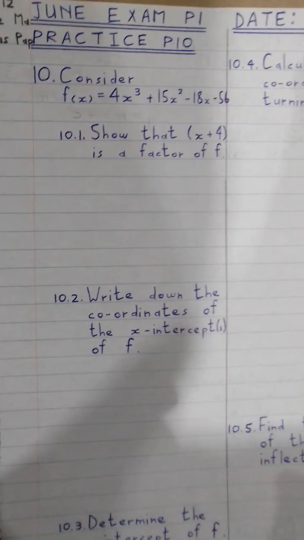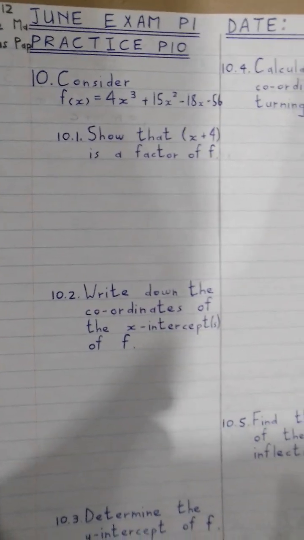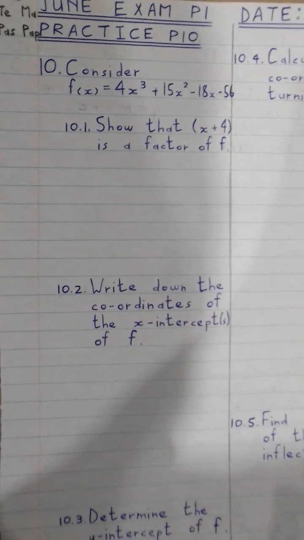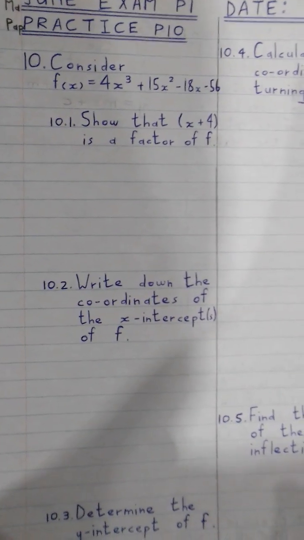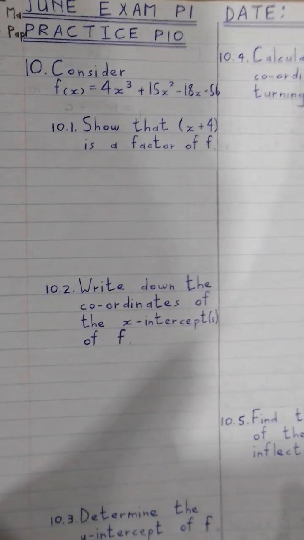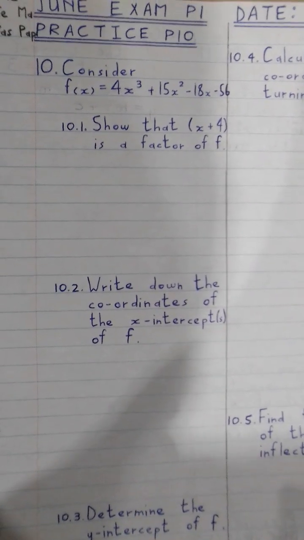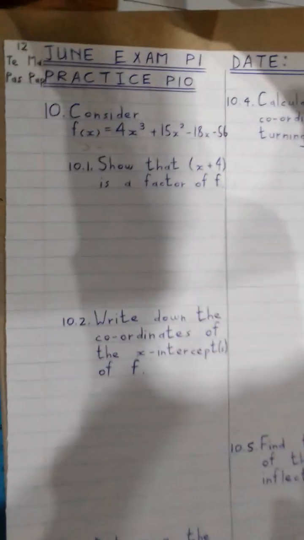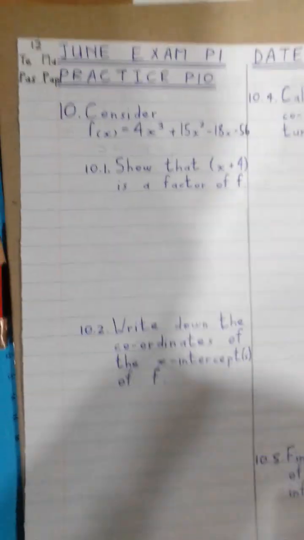So number 10 states, consider f of x is equal to 4x cubed plus 15x squared minus 18x minus 56. And then it states, show that (x plus 4) is a factor of f. So we need to calculate f of negative 4.